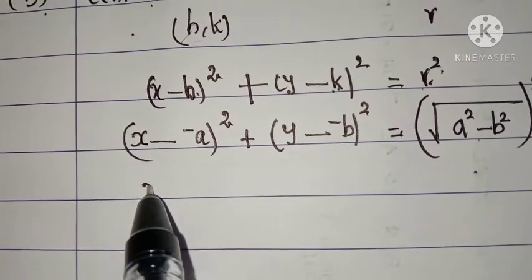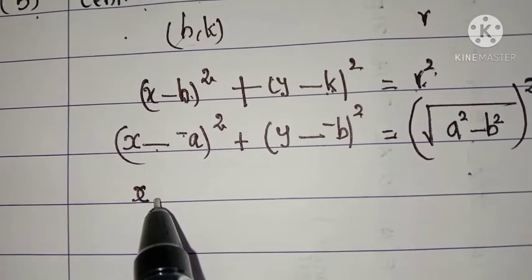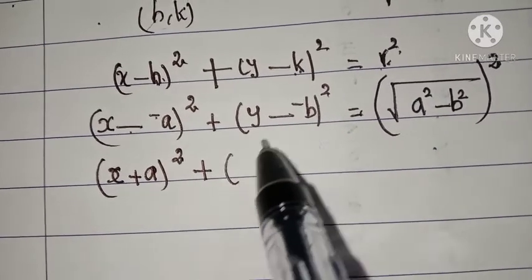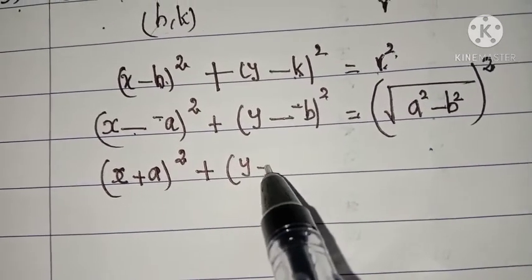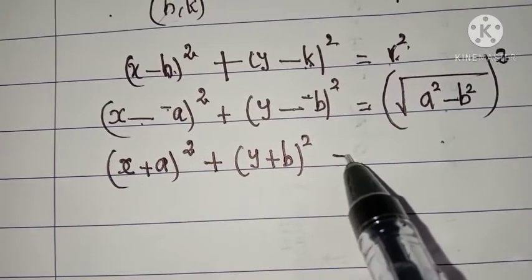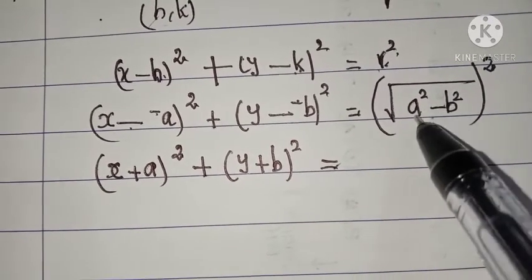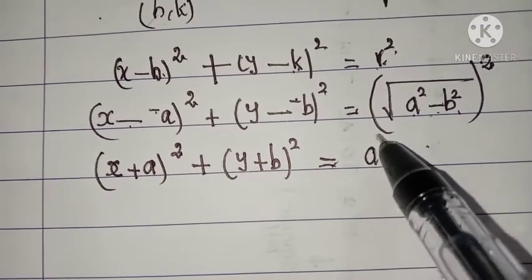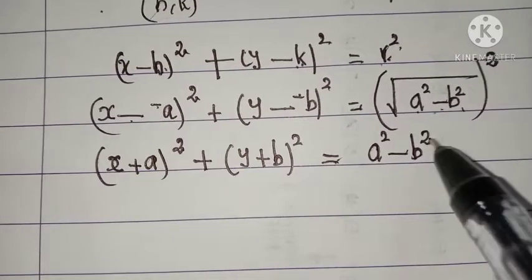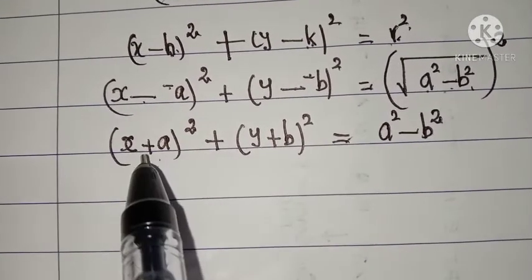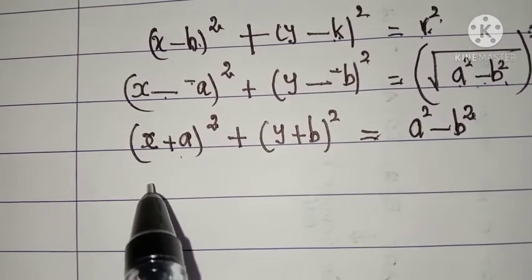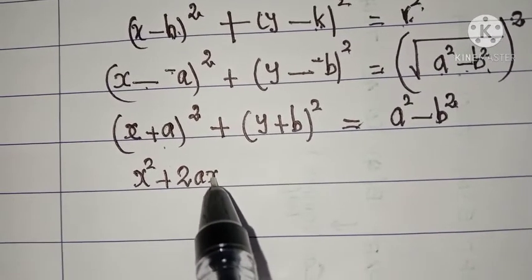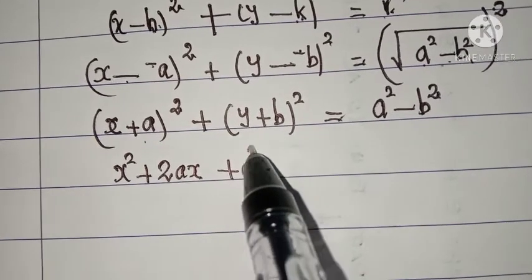Now simplify. This becomes minus minus plus. So (x plus a) whole square plus, minus minus becomes plus, (y plus b) whole square is equal to root of a square minus b square the whole square. So root can be cancelled. This becomes a square minus b square. Now expand using (a plus b) whole square. So this becomes x square plus 2xa or 2ax plus a square.